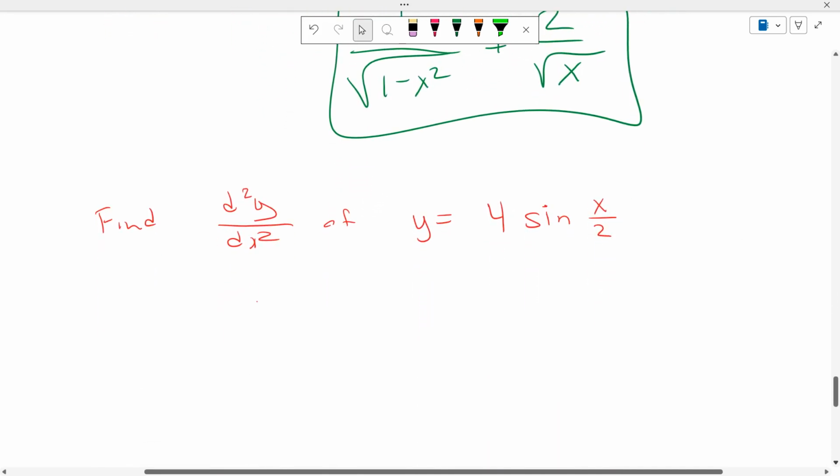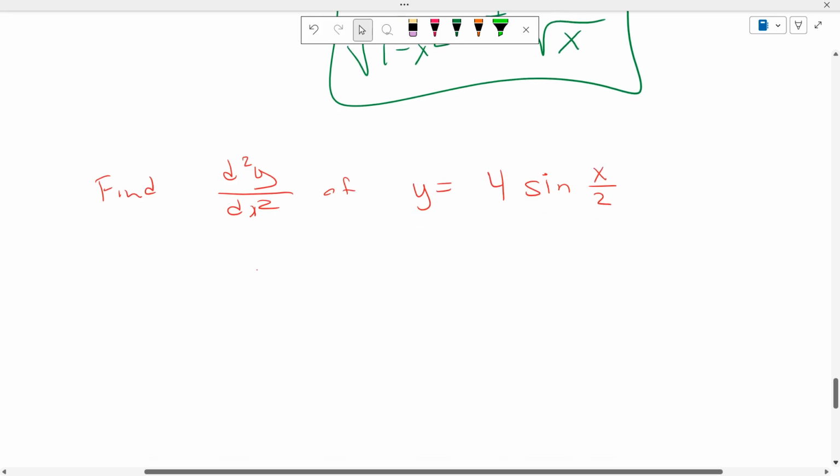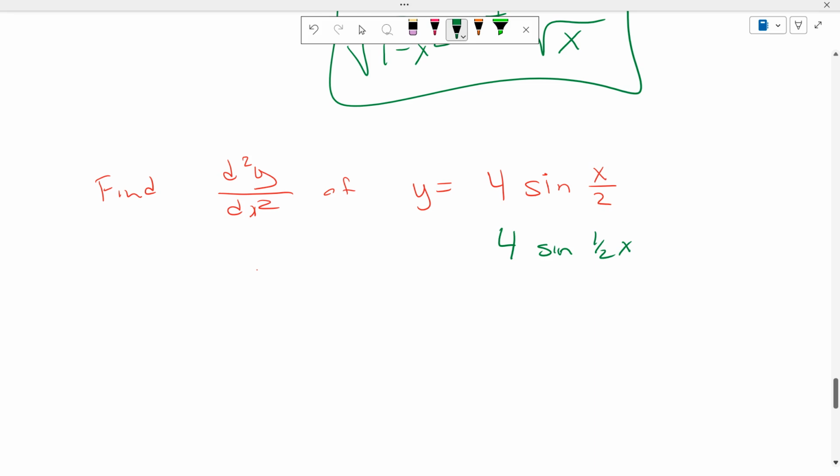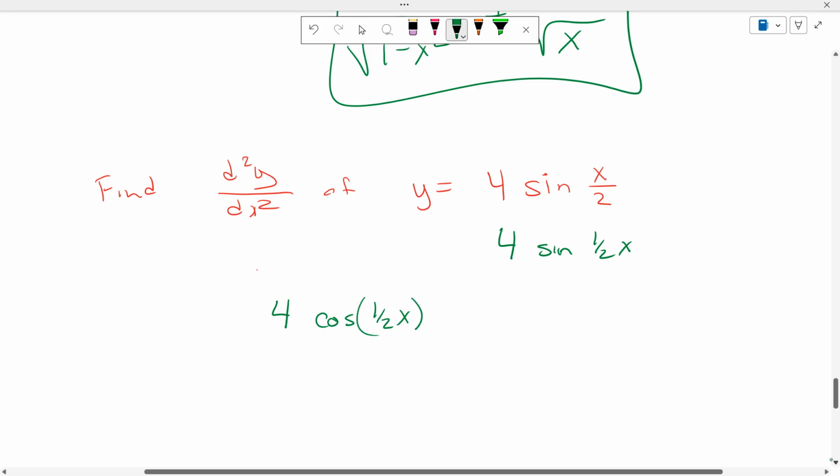Second derivative. Okay, this will test your mettle a little bit more. This is really 4 sine of 1/2 x. Not the inverse sine, just normal sine. Okay, so what's the second derivative of that? Well, the first derivative is 4 cosine of 1/2 x times the first derivative of the inside, which is 1/2, or 2 cosine of 1/2 x.